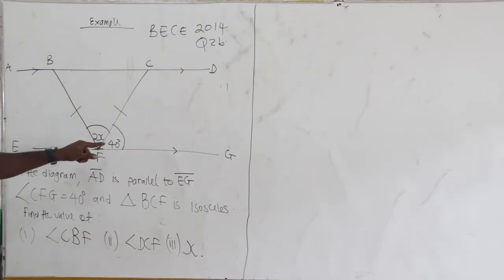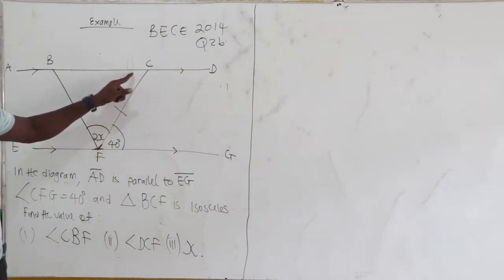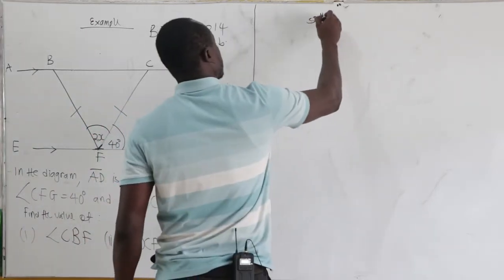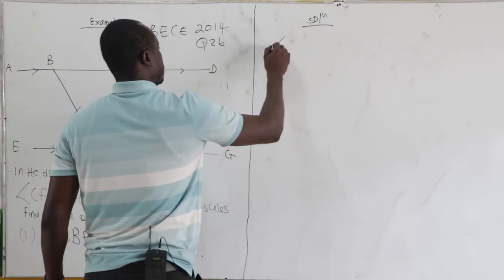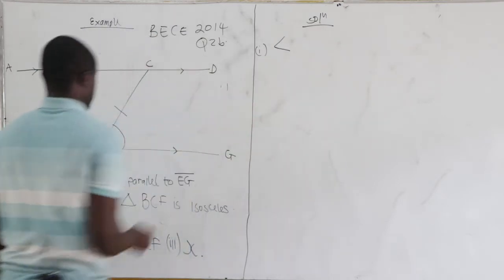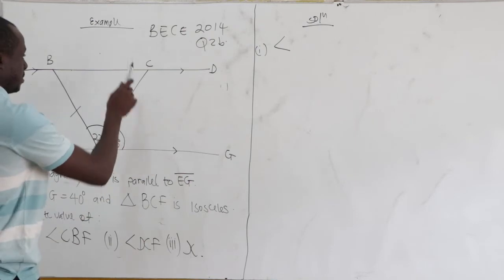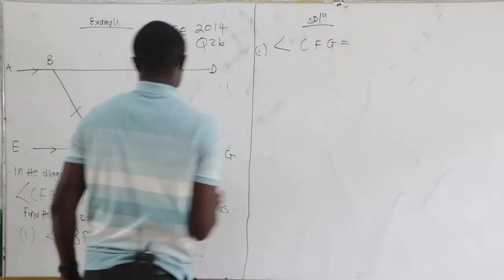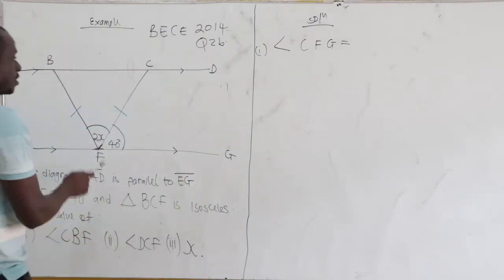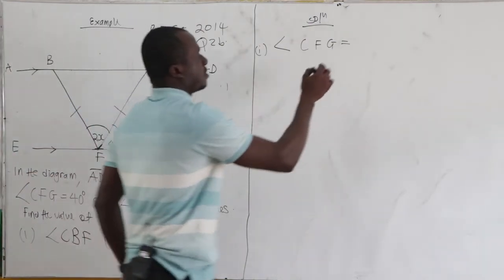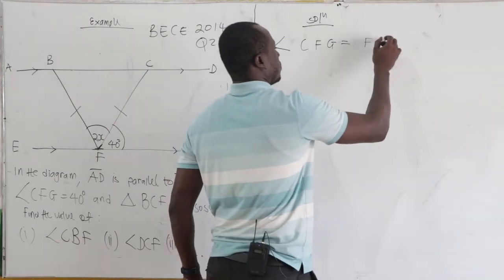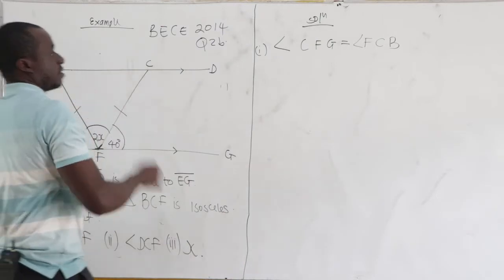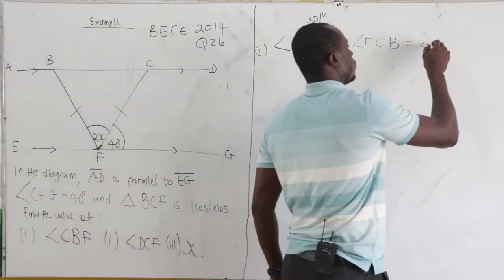Okay, now what can we see? The angle here is alternating to the angle over here. So that is angle CFG, which is the same as angle FCB, and this is equal to 40 degrees.